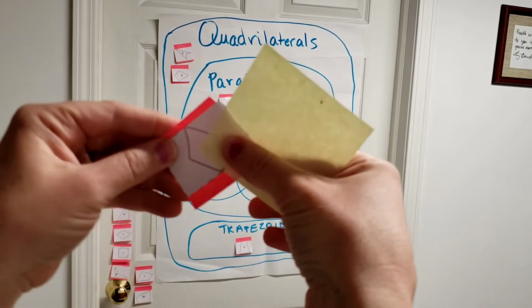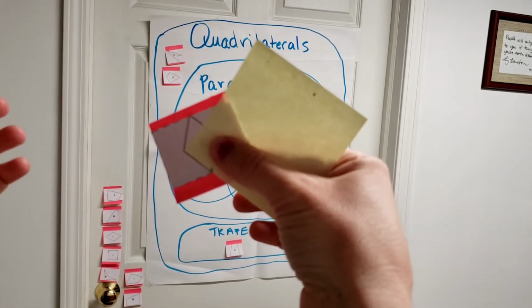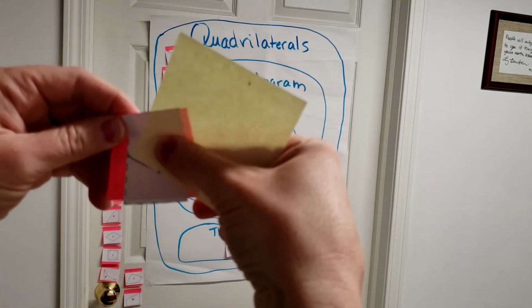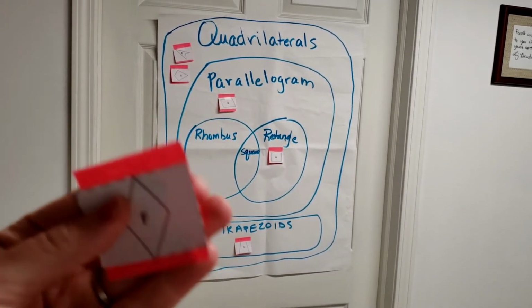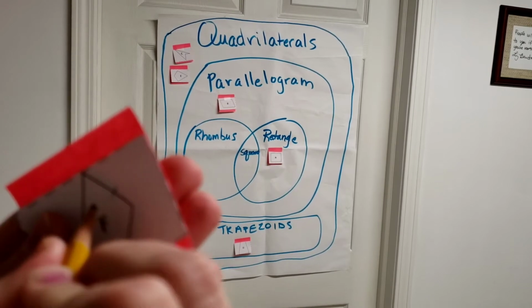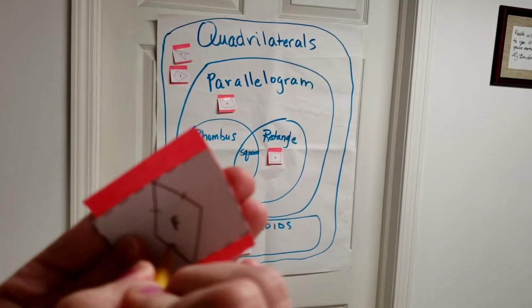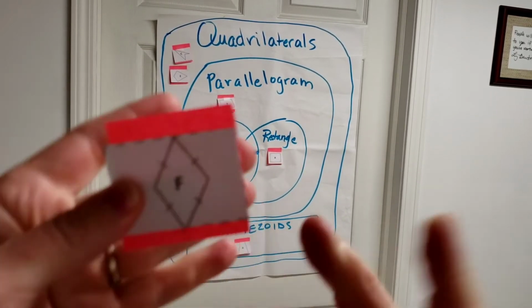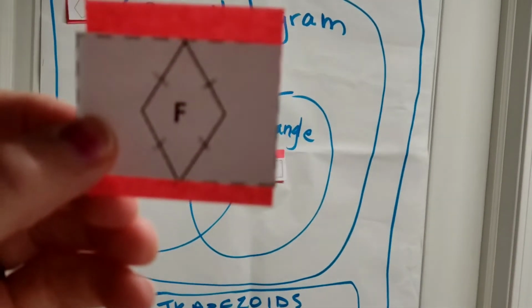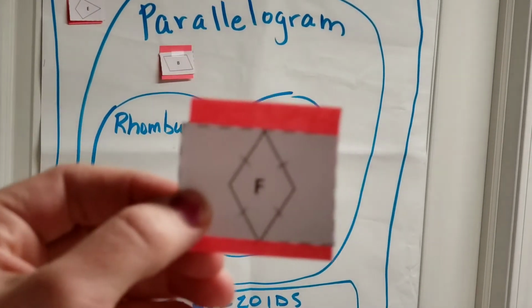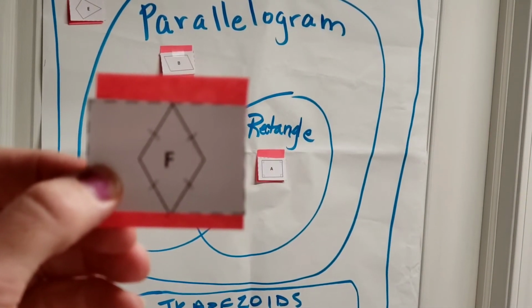Yep, turn it. Is that the same length? Yes, turn it. Is that the same length? Yes. So on F, so I don't have to think about that again, I'm going to mark one line on each side to show that all sides are the same length, okay? All sides are the same length on F.